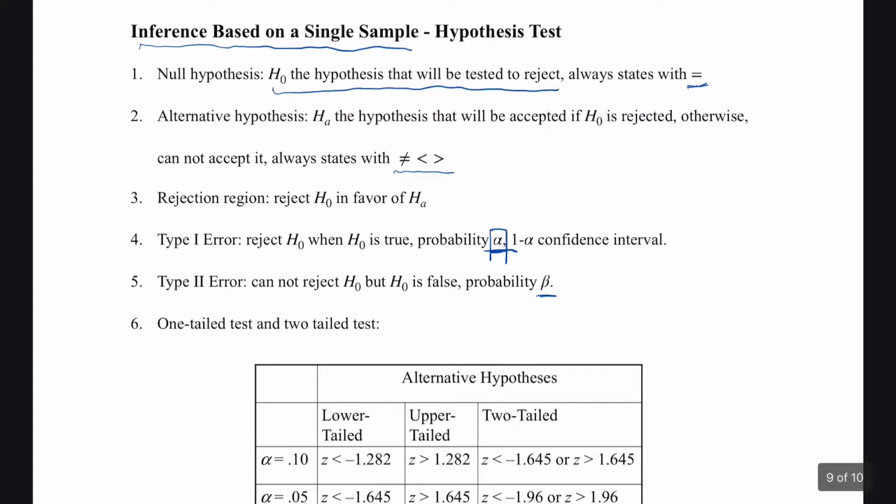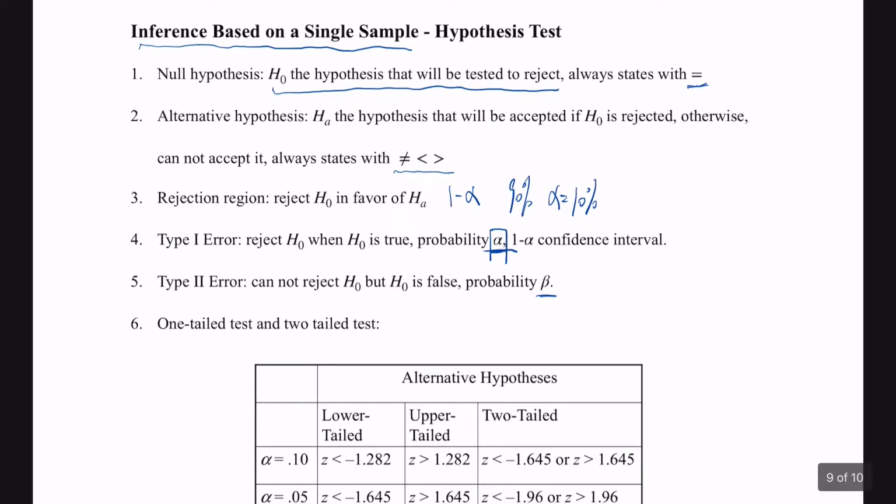Recall that in the confidence interval chapter, we said that we want to construct a confidence interval of 1 minus alpha. Sometimes the confidence interval is 90%, then the alpha is 10%. And here in hypothesis testing, it says that we reject our null hypothesis, however it is true.